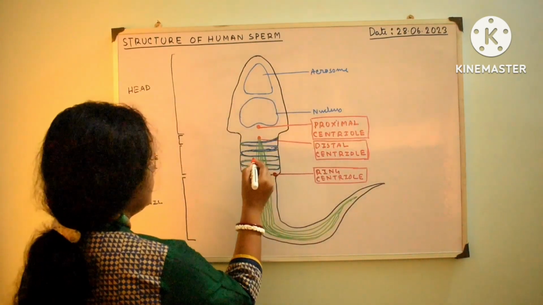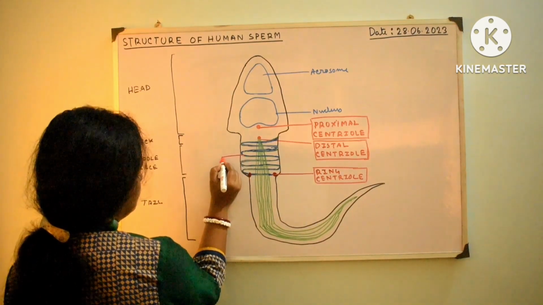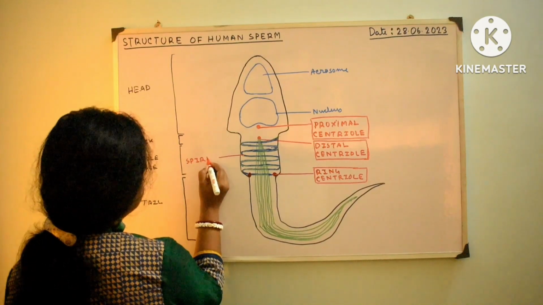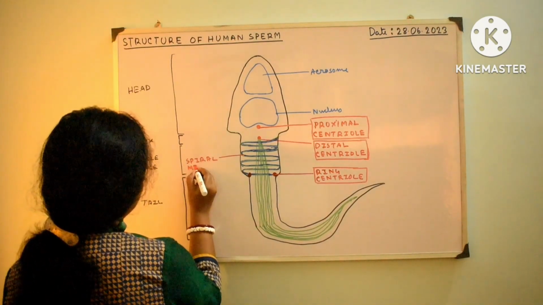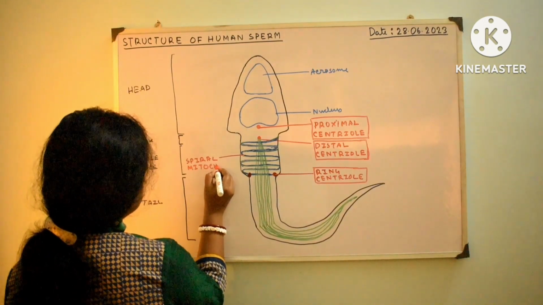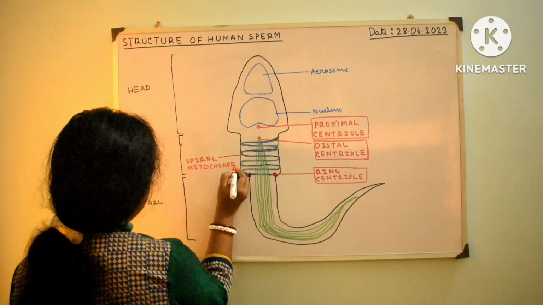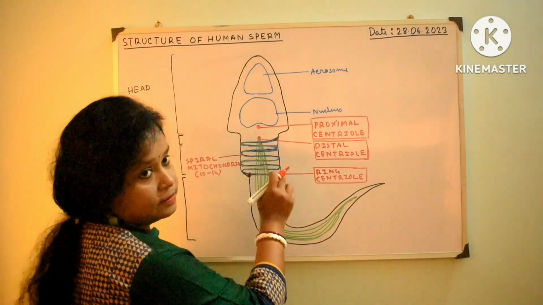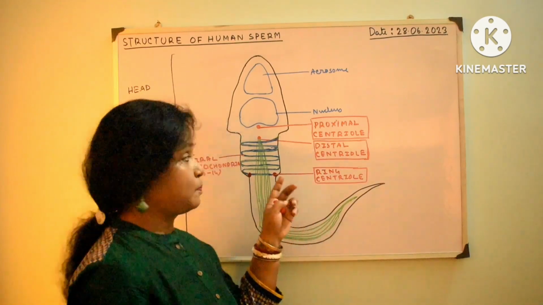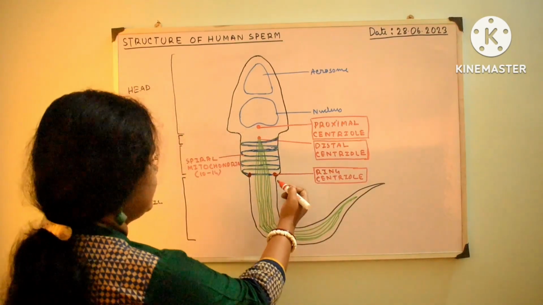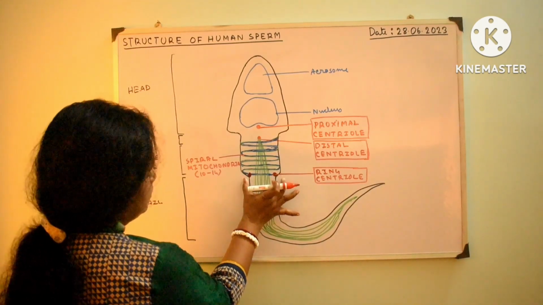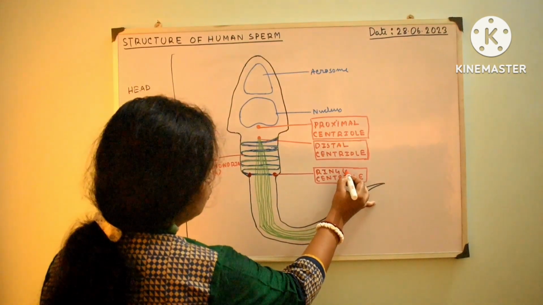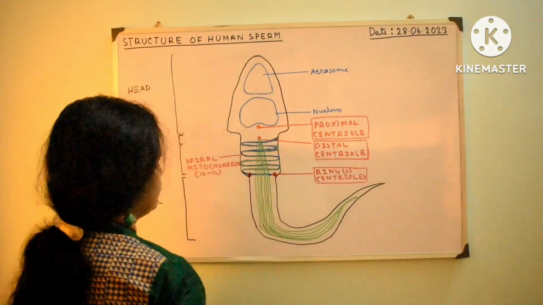This one is the spiral mitochondria. Here 10 to 14 turns of mitochondria are present in the middle piece, and at the end of the middle piece, on both sides of the spiral mitochondria, two ring centrioles are present.